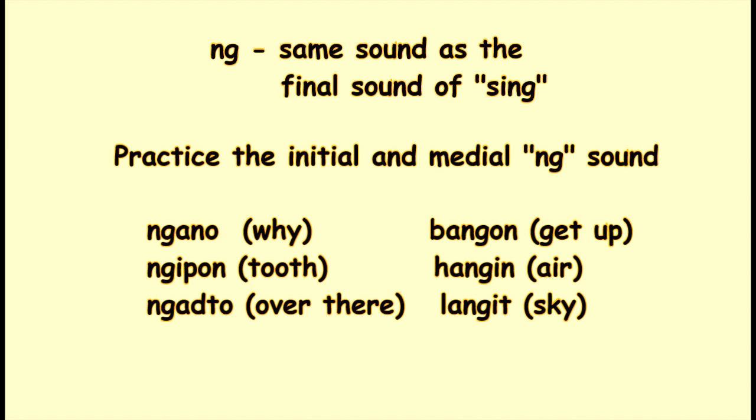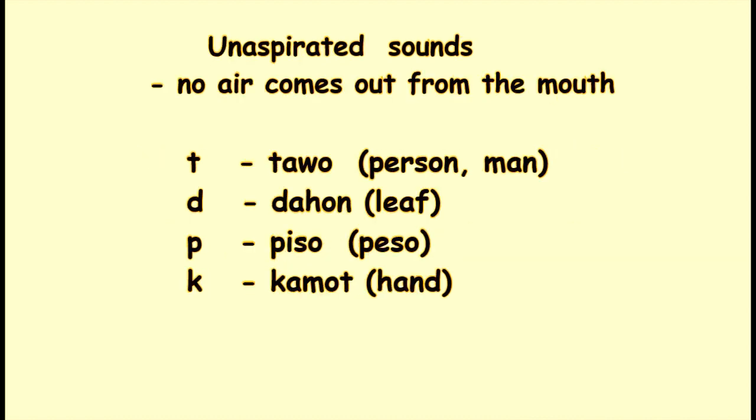So let's practice the initial and medial ng sound. Let's go to the initial sound. Ngano, ngipon, ngadto. And the medial sound, bangon, hangin, langit. Now, this set is called the unaspirated sounds.